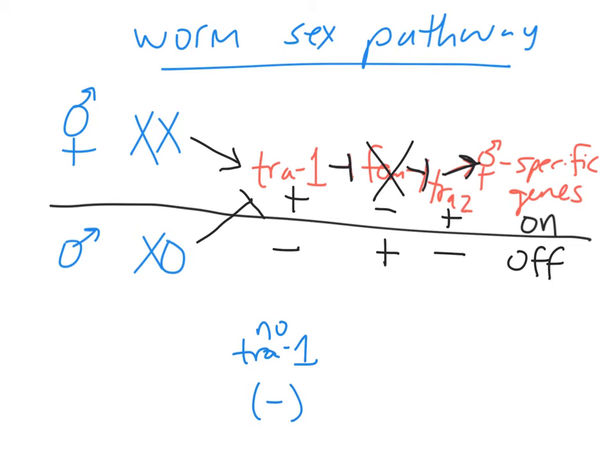This is going to look an awful lot like this bottom pathway here. When you don't have TRA1, right here, if you've got a mutant that doesn't have TRA1, then you're going to have the FEMs active. So TRA2 is going to be repressed. So which sex does that make? A TRA mutant.